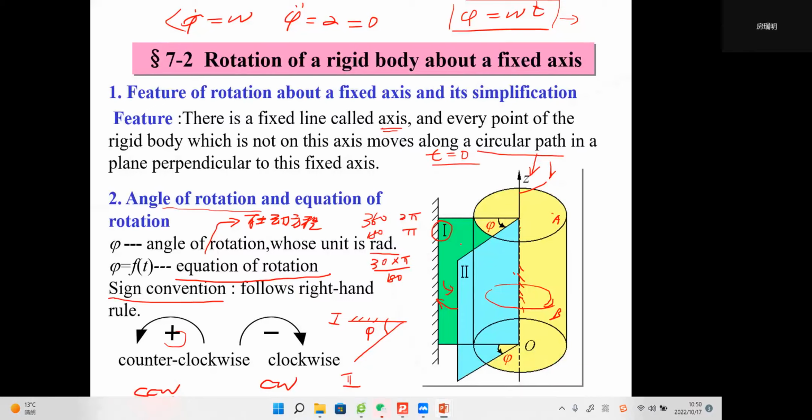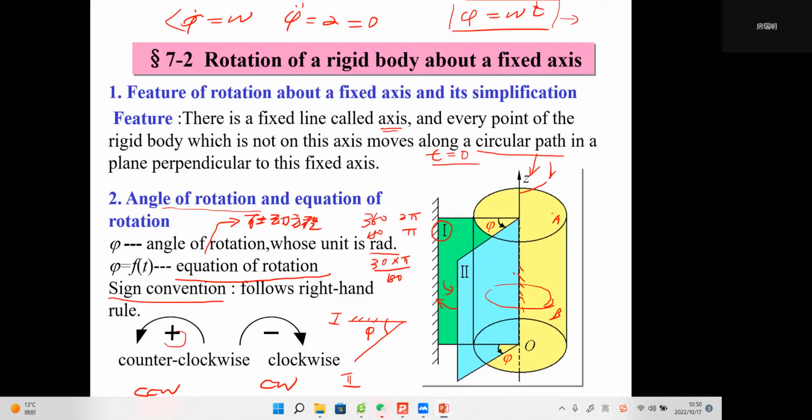Think about when you open or close your door: the movement of the door is a rotation about a fixed axis. So it has an angle of rotation and an equation of rotation. We have phi, the angle of rotation, 转动的角度. Its unit will be radians, right?